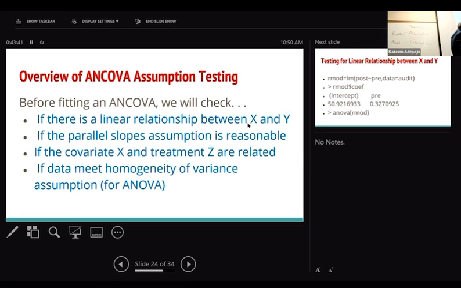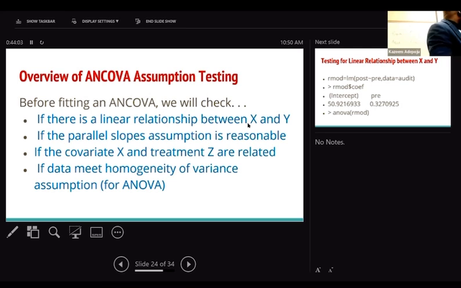Then another assumption is that the parallel slope assumption is reasonable. What we mean by parallel slope is that at different levels of the treatment, the relationship between the response and that covariate has to be the same, has to be parallel.